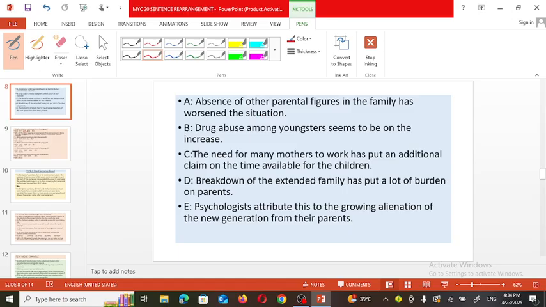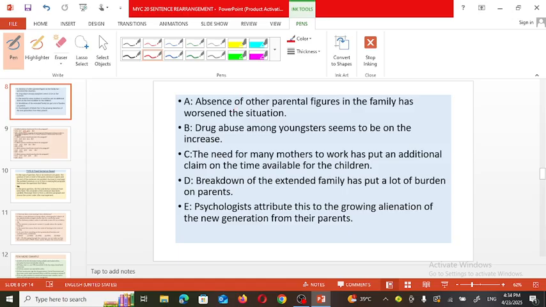Nuclear family systems are there, and as the parents are working parents, they are not able to spend quality time with the children, and as a result we see an increase in drug abuse. These children are feeling insecurity due to absence of other parental figures in their family.